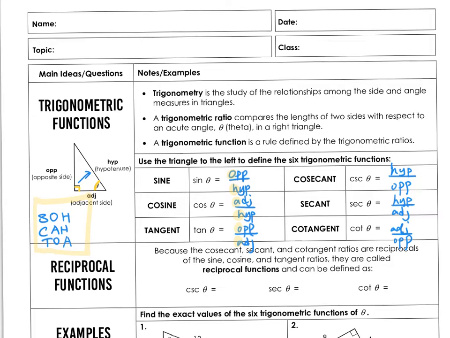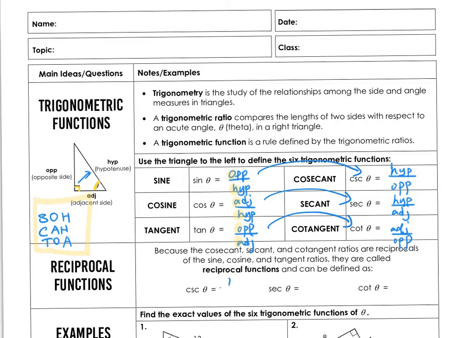Now, once you know the definition of sine, cosine, and tangent, look how easy it is to go over to cosecant, secant, and cotangent. Did you notice all I did was flip the denominator and the numerator, so that sine and cosecant are reciprocals?